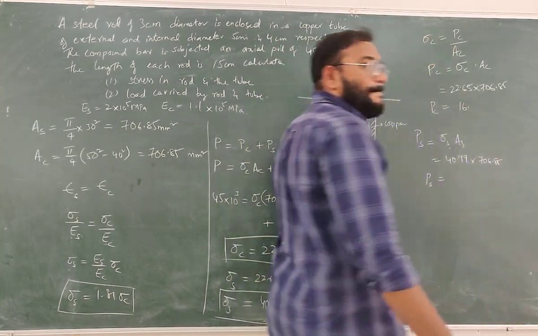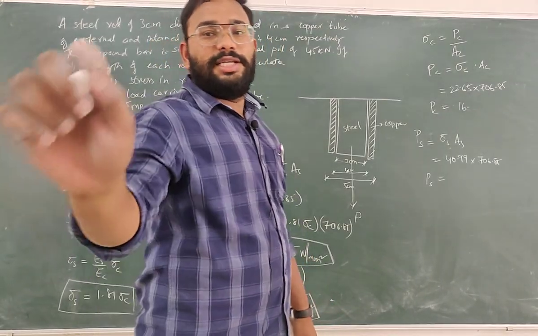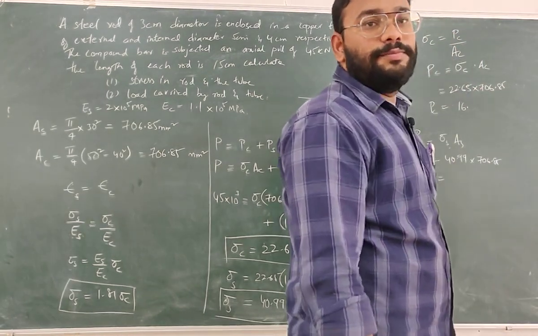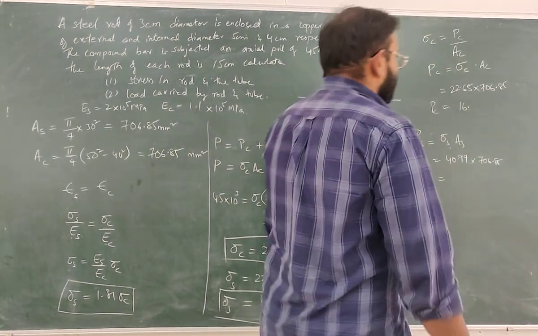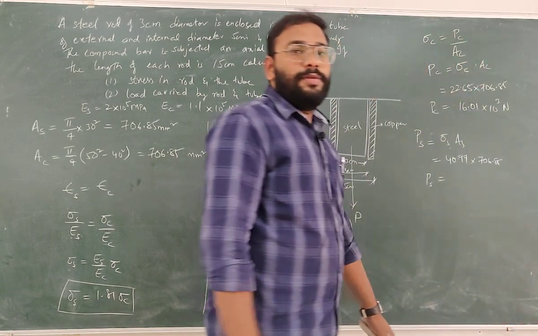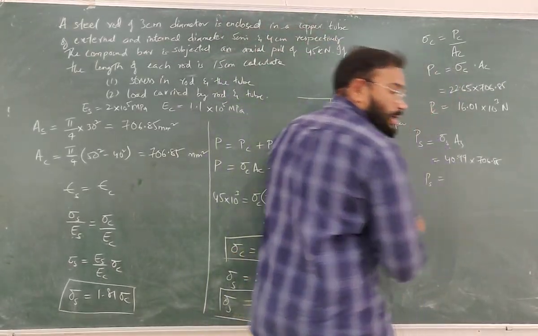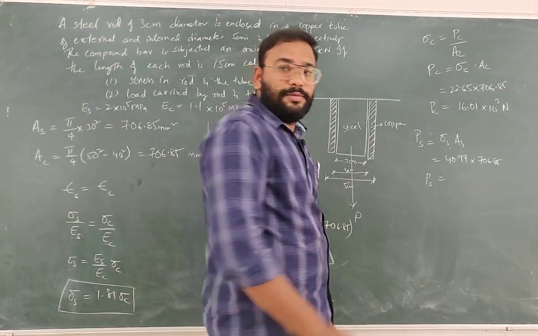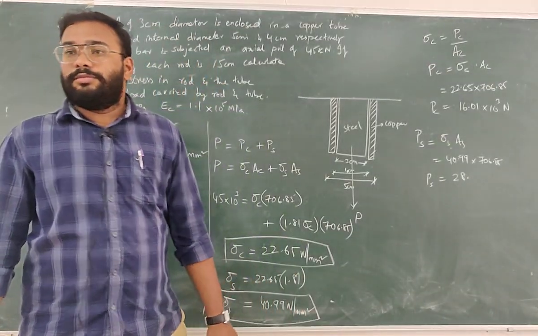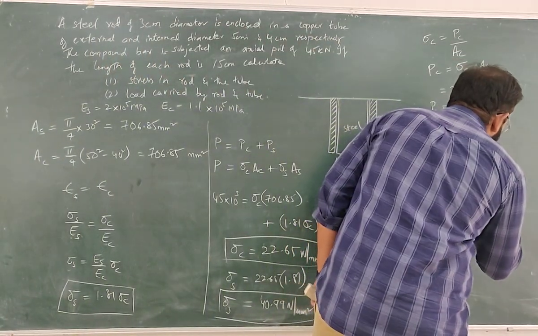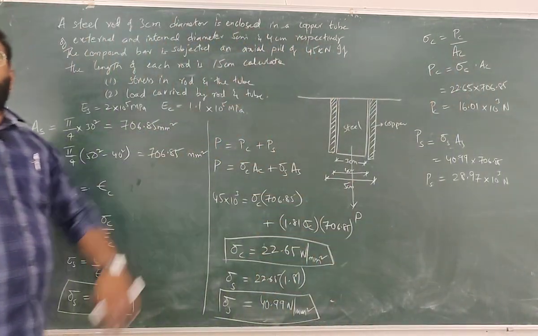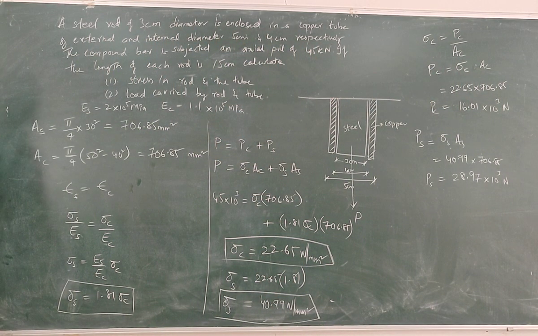Press ENG in your calculators. 16.01 into 10 power 3 Newton, and PS is 28.97 into 10 power 3 Newton, or this is 16.01 kilonewton and 28.97 kilonewton.